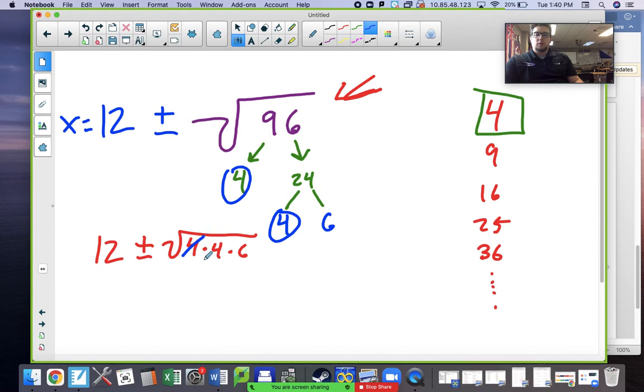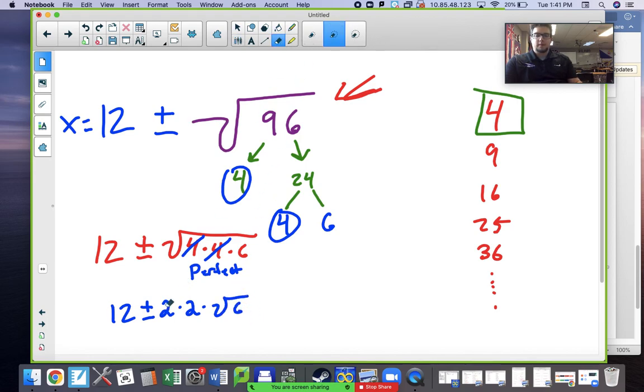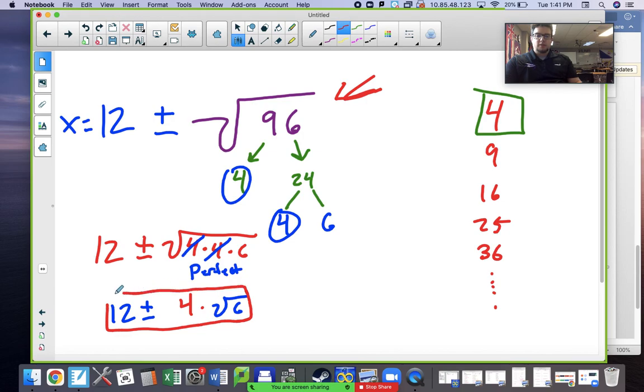And I'm going to square root these because they're perfect. So 12 plus or minus 2 times 2 times the square root of 6, which means this becomes 12 plus or minus 4 square root 6 for our final answer. So that's what our simplified answers should end up looking like on our problems.